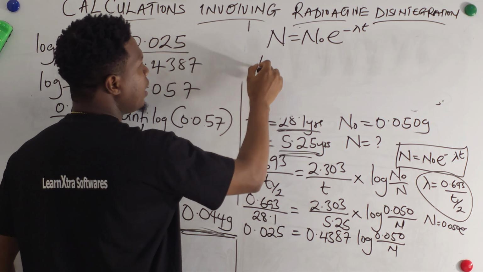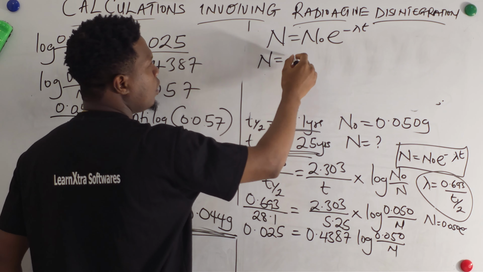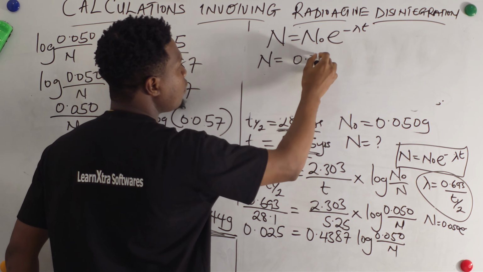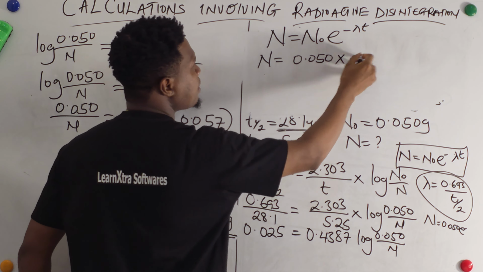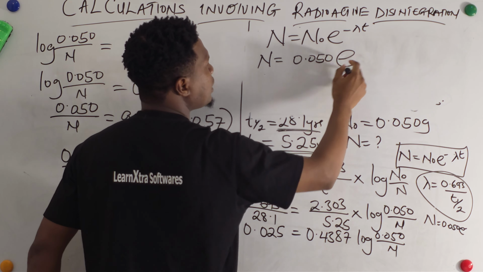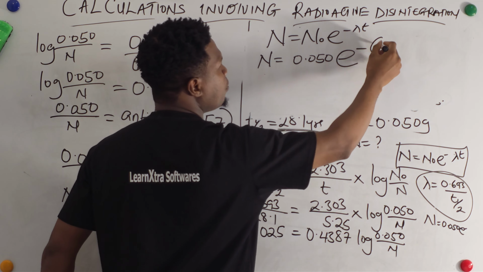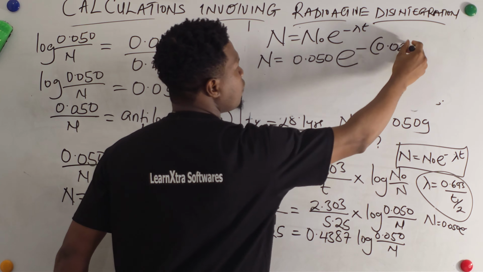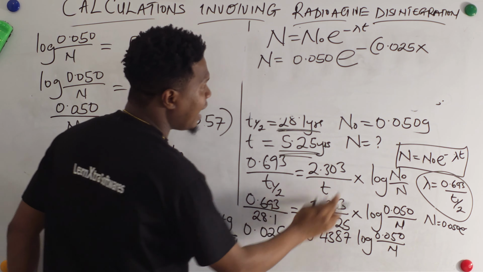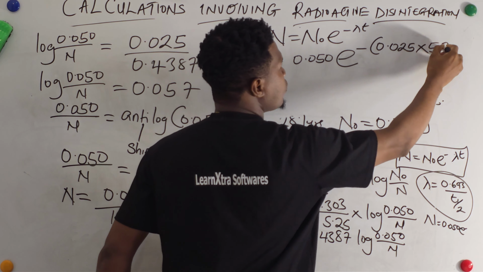So N is equal to the original amount, 0.050, times exponential minus bracket open 0.025 times 5.25, where the time is 5.25.